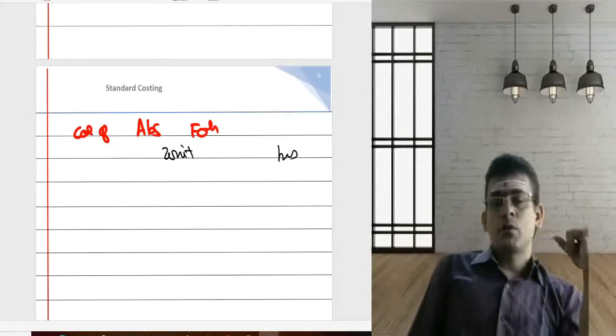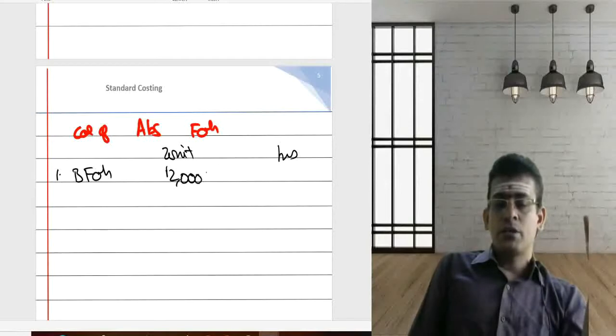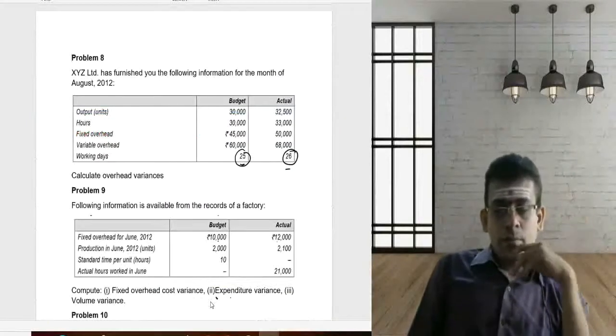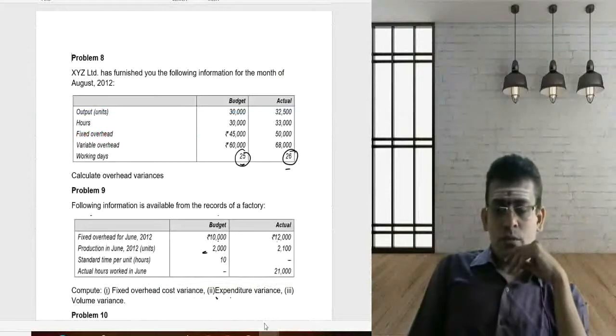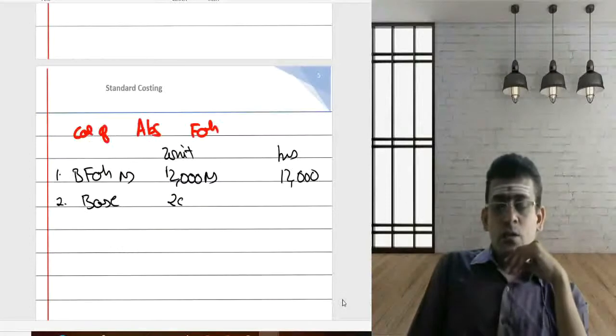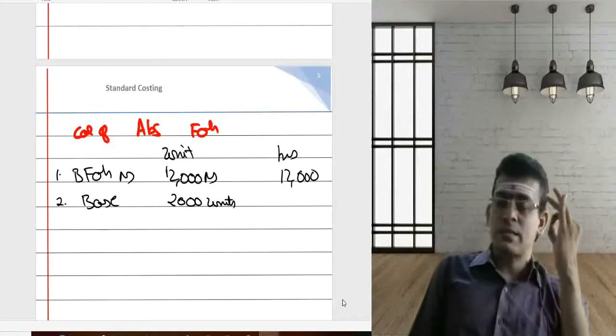Step number 1, whatever you do, you are supposed to come to your budgeted fixed overhead, which in rupees is 12,000. Now what is required? I require a base. If I do it based upon units, my base is units. The problem says budgeted units is 2,000. So consider here 2,000 units. Now for the base in hours, you need to calculate the base in terms of hours.